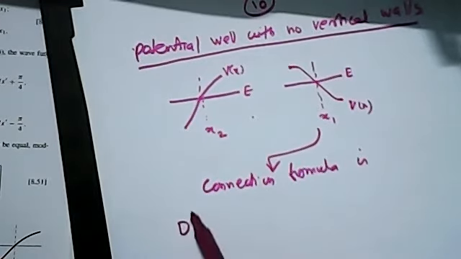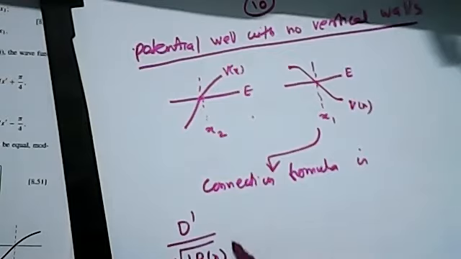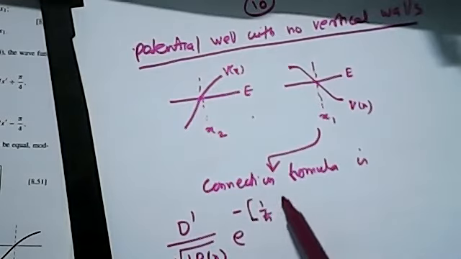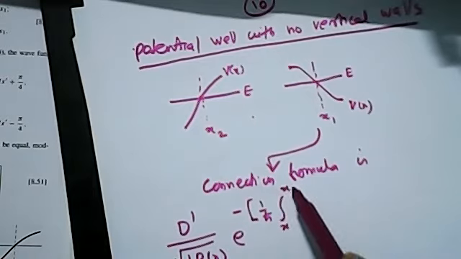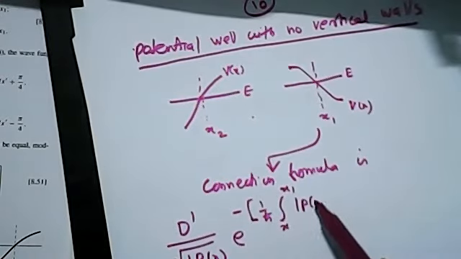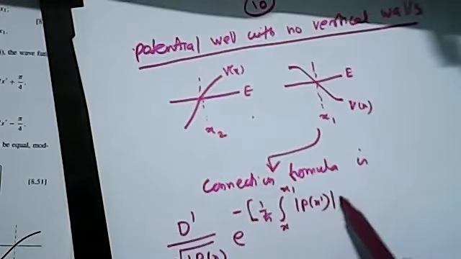So D prime by root of modulus p of x, e to the power of minus 1 by h cross, integral limits changed to x to x1, modulus p of x' dx'.